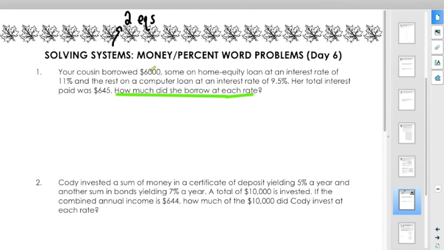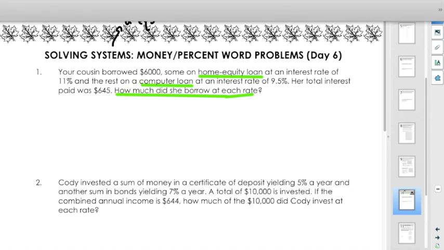She borrowed $6,000, some on a home equity loan at an interest rate of 11%. So that's one kind of rate that she borrowed. And then the rest was on a computer loan at an interest rate of 9.5%. Her total interest is $645. So how much did she borrow at each rate?